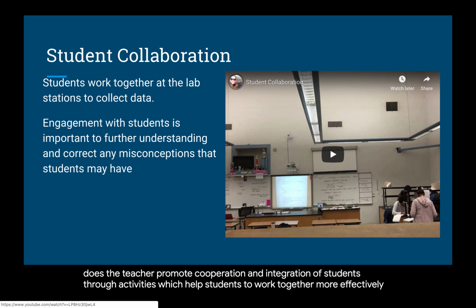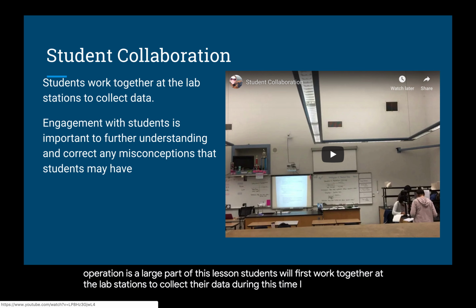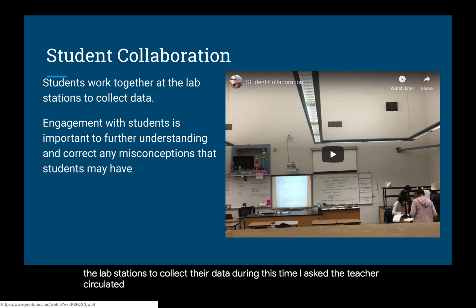Student collaboration is a large part of this lesson. Students will first work together at the lab stations to collect their data. During this time, I, as the teacher, circulated the classroom to engage in conversations with my students.